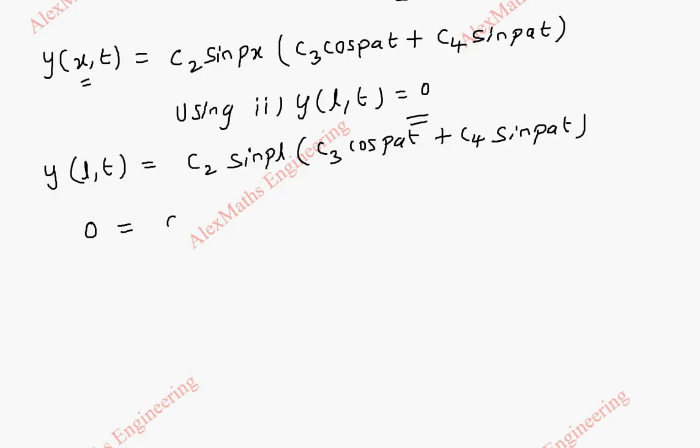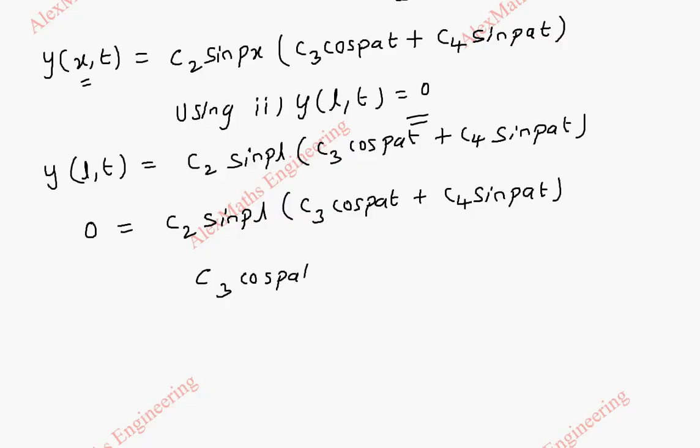So 0 equals c2 sin pL into (c3 cos pat + c4 sin pat). Already we discussed that c3 cos pat plus c4 sin pat cannot be 0 because it is defined for all the values of t. Similarly, c2 is not equal to 0 because already c1 is 0, so c2 cannot be 0 from the same term.